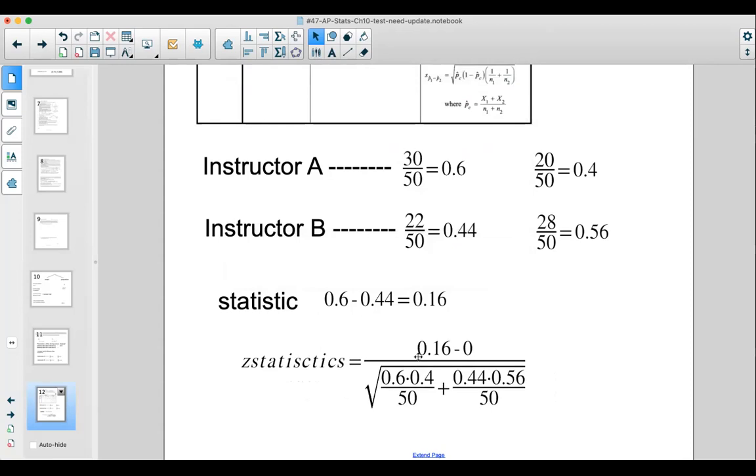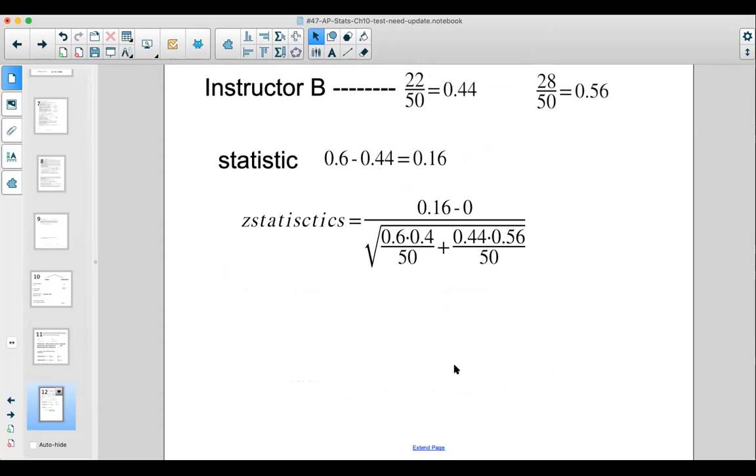So this is the statistic, and from the Z statistic we get the p-value. So let's plug this in, one by one. Maybe I get the standard error first. Square root, two parentheses, 0.6 times 0.4, close the parenthesis because this is a numerator, and divide by 50.